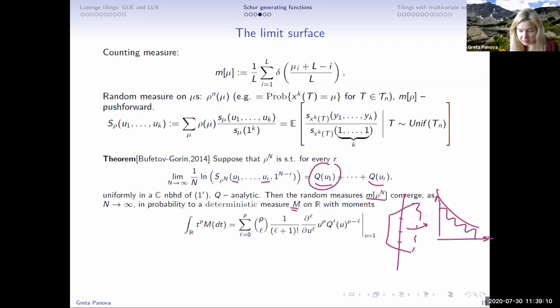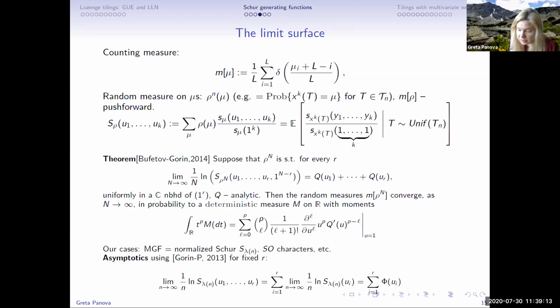And one can use this approach to study limit shapes in other cases when we can actually find something explicit about the Schur generating function. So this independence that you see from the theorem also follows from the asymptotics that I will show in a moment.